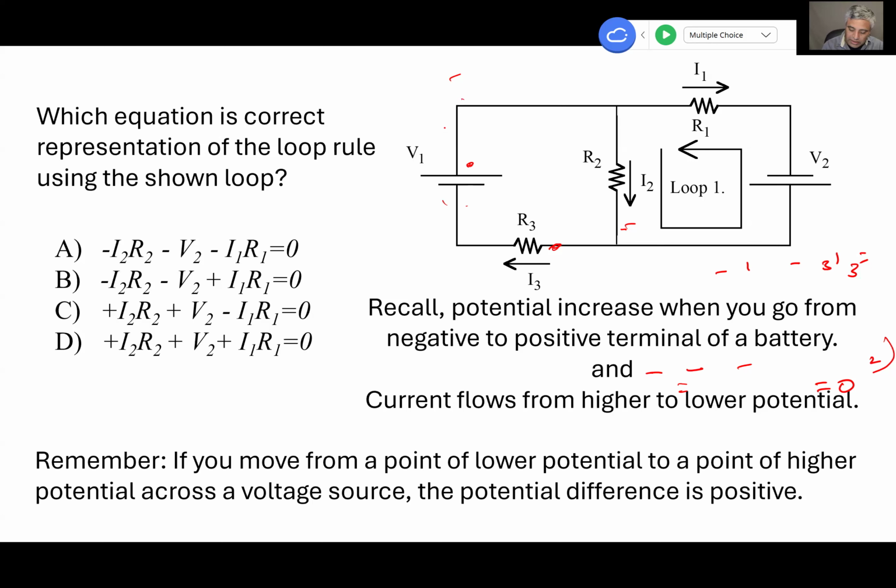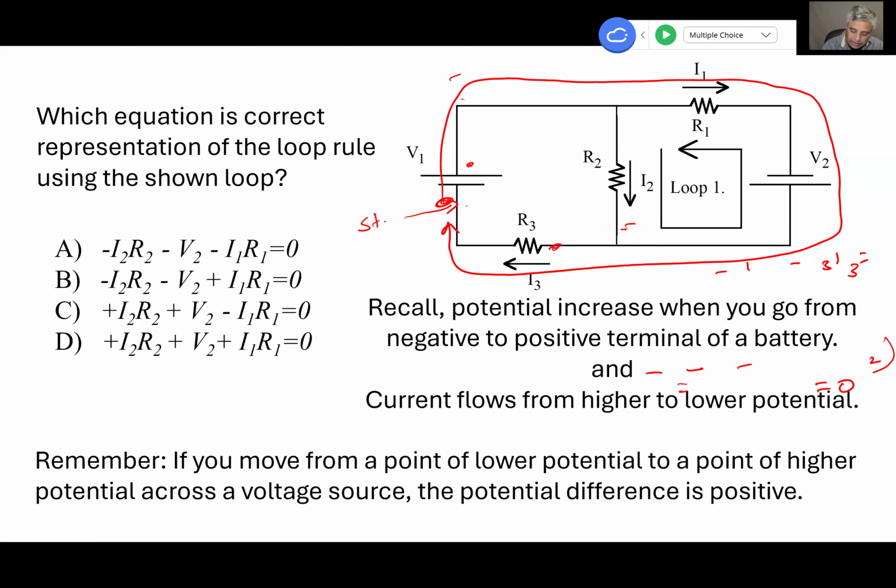This, all the way, this outer loop, let's say. Starting from here, let's say, start here. So this is going to be in the equation, this is going to be in the equation, this is going to be in the equation, and this is going to be in the equation. So there are going to be 4 terms. The inner loop had only 3 terms, but the outer loop now has 4 terms. Now, which one is positive?